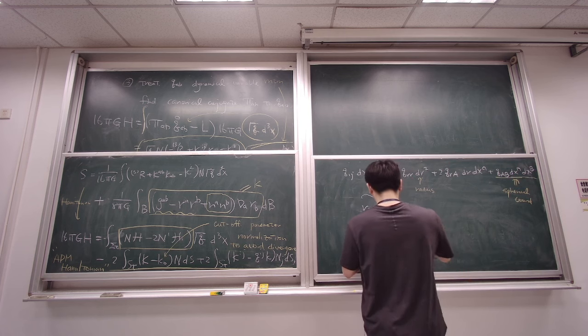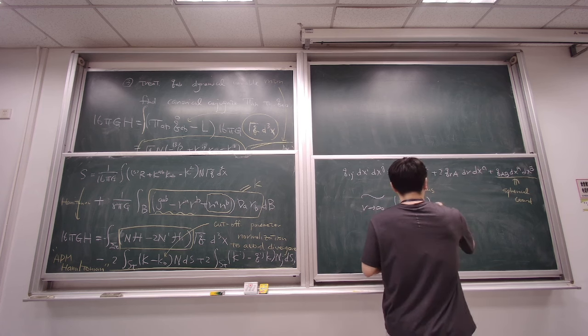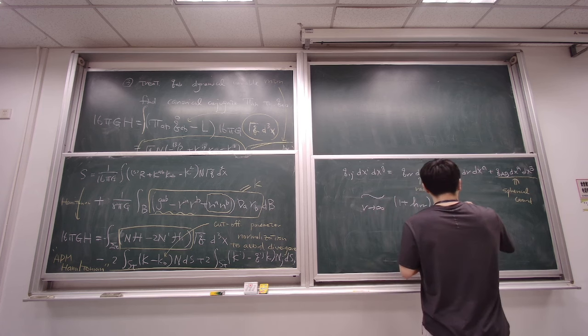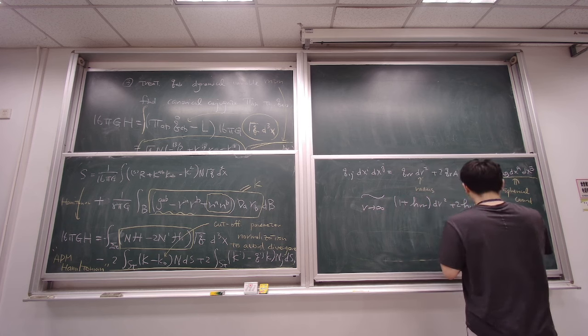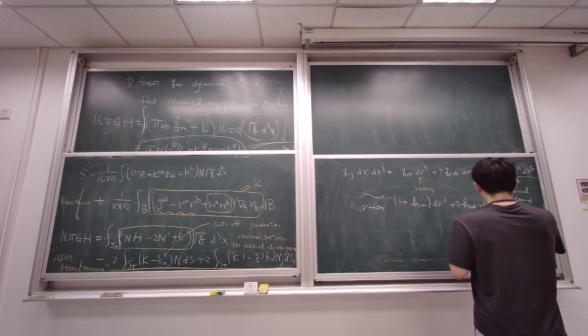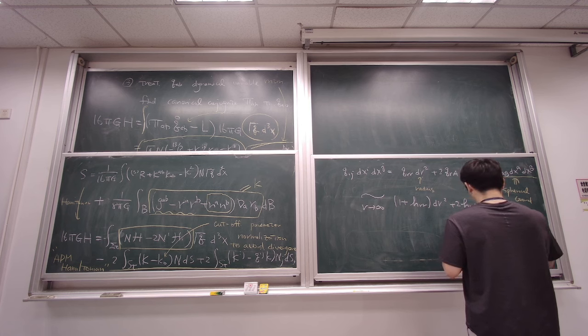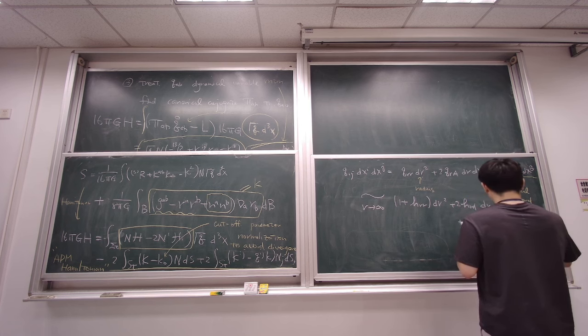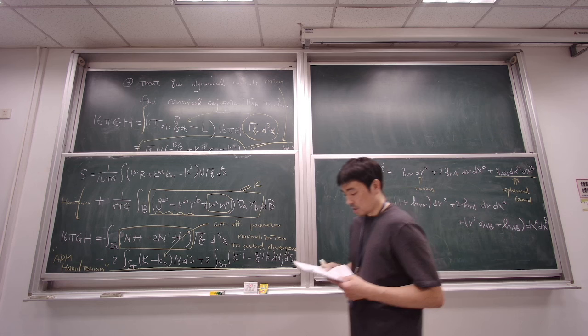And then as r goes to infinity, you have a linearization: h_rr dr squared plus 2 h_rA dr dx^A, plus h_AB dx^A dx^B.